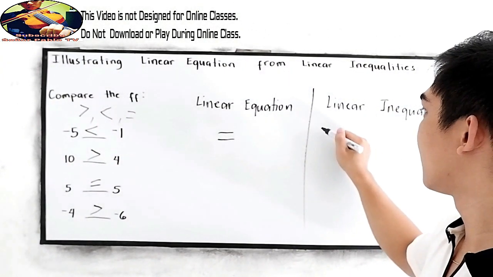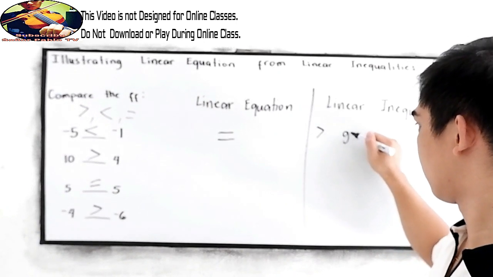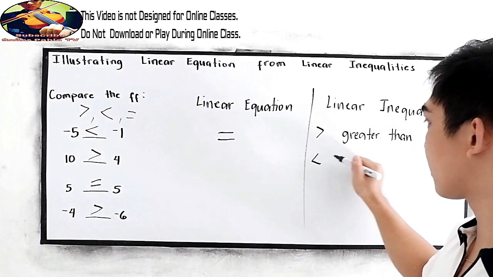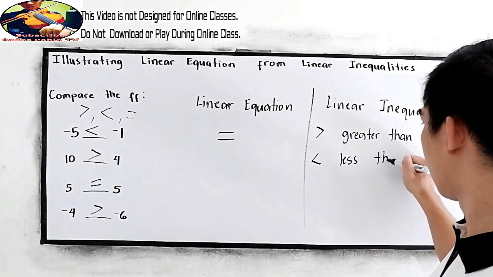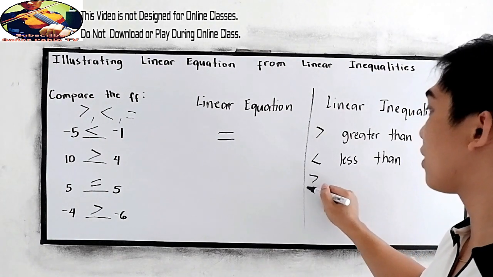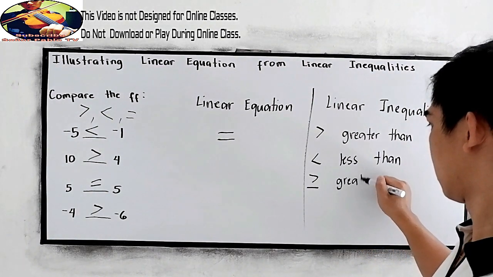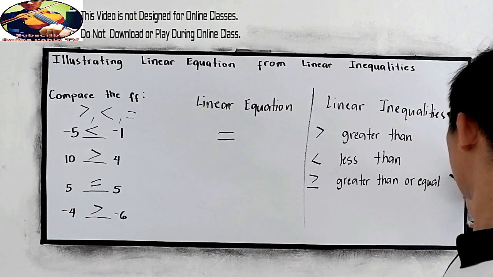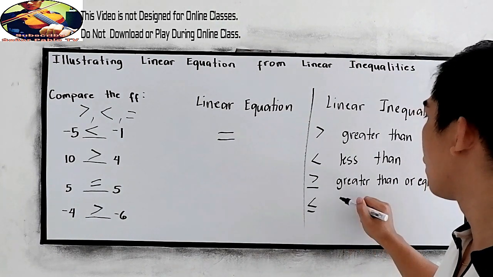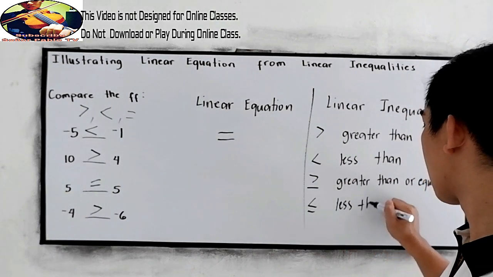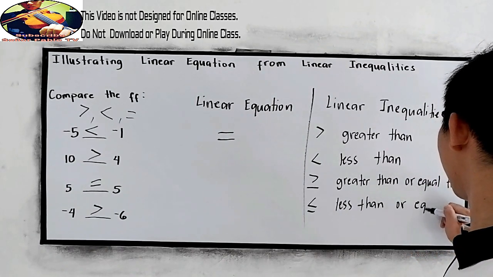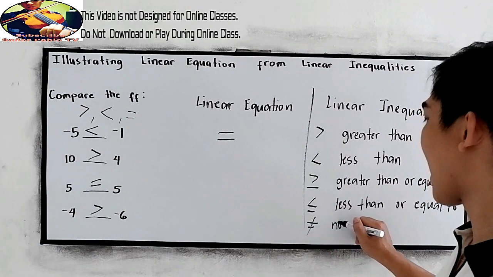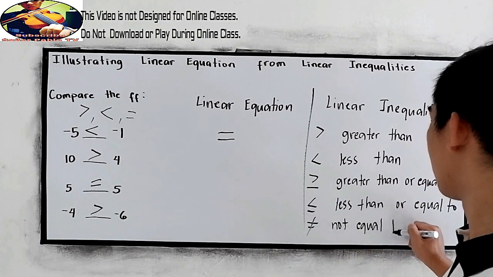We have the greater than, the less than, the greater than or equal to, and the less than or equal to, and of course, the symbol not equal to.